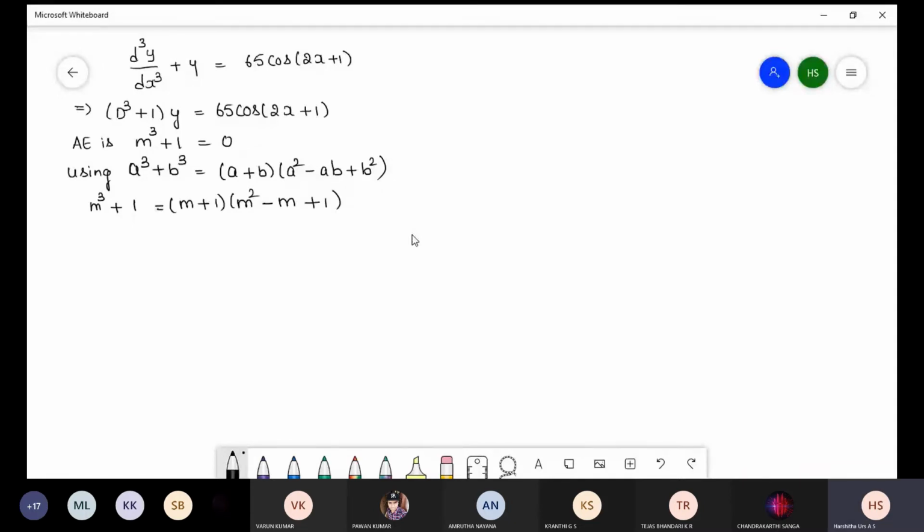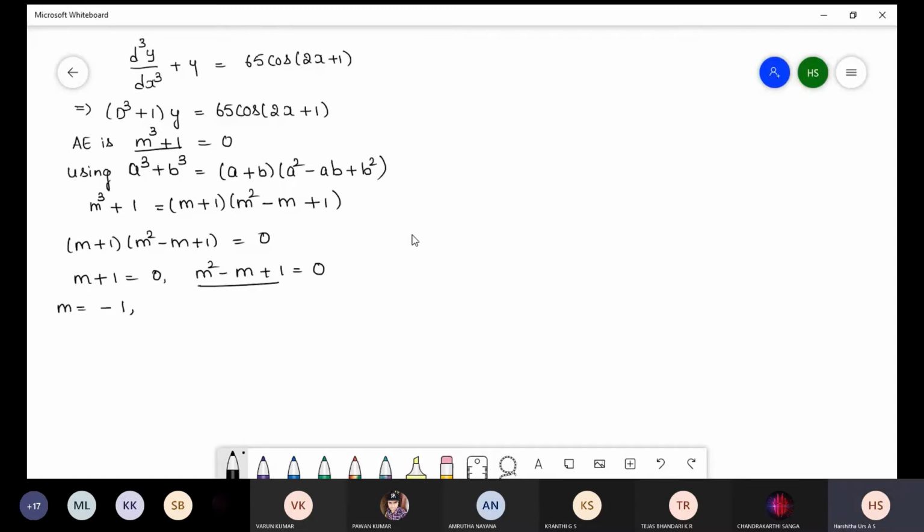So (m plus 1) into (m square minus m plus 1) is equal to 0. So m plus 1 is equal to 0, comma, m square minus m plus 1 is equal to 0. Your first root is minus 1.